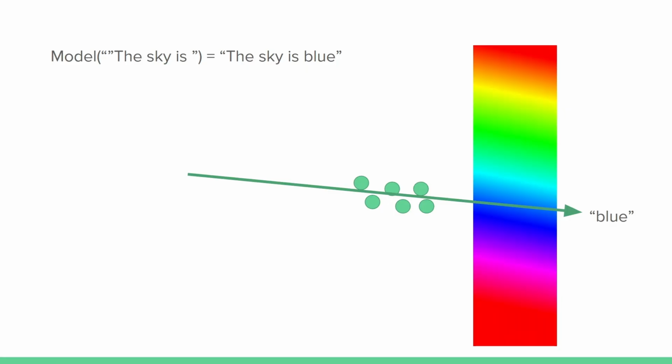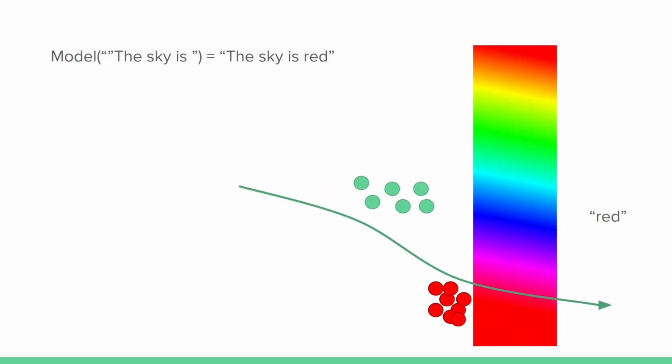We say the sky is blue. If those little green dots are training points or samples in the training data set, then it's going to fit those, and it's going to predict blue correctly, which is what we wanted. However, if we were to inject some poison into the sample, our model becomes more complex in the sense it's no longer a linear line.